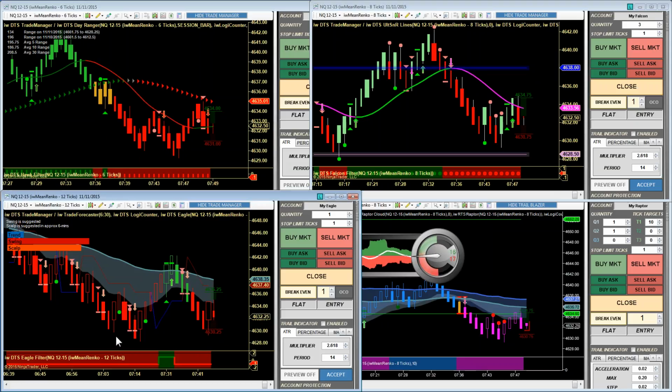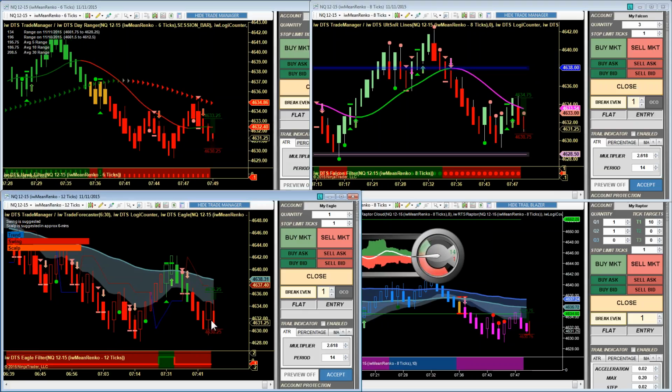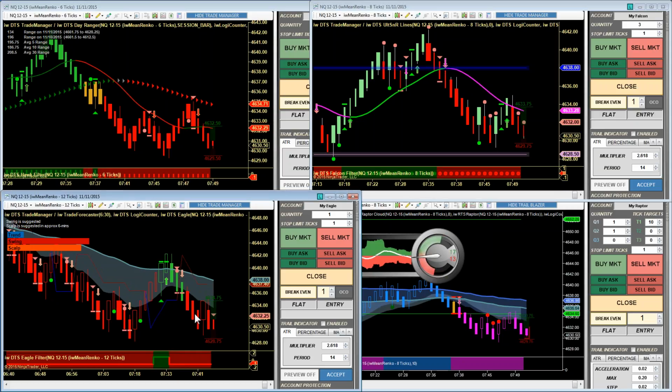And it will work on any chart style. Normally, equivolume bars only work on time charts, but these will work on tick charts. I'm using them here on the mean Renko bars. And it's an easy way to incorporate volume into your trading.